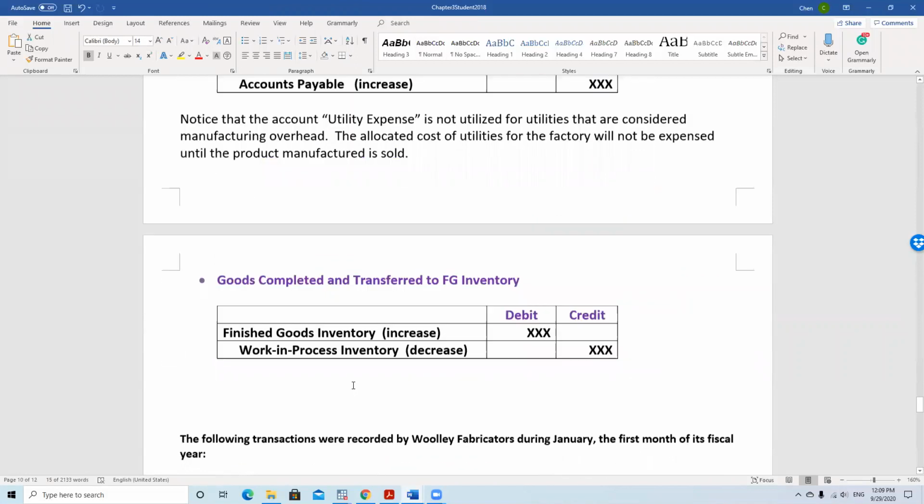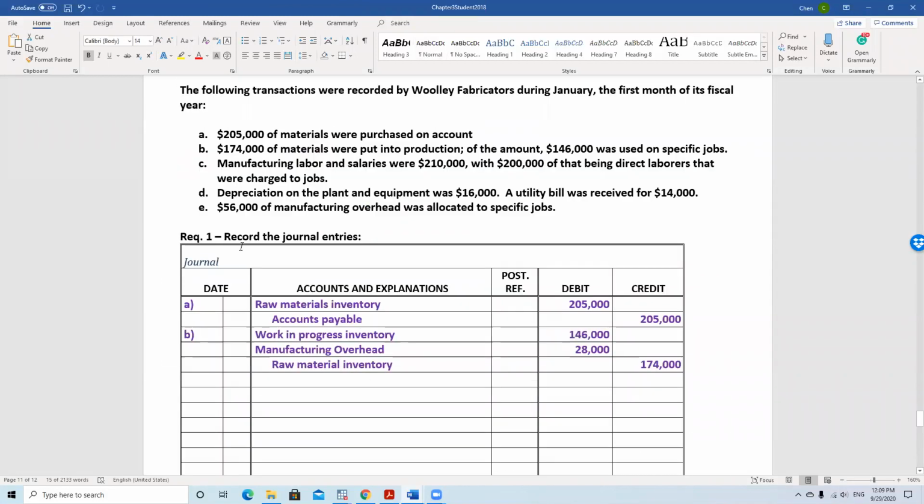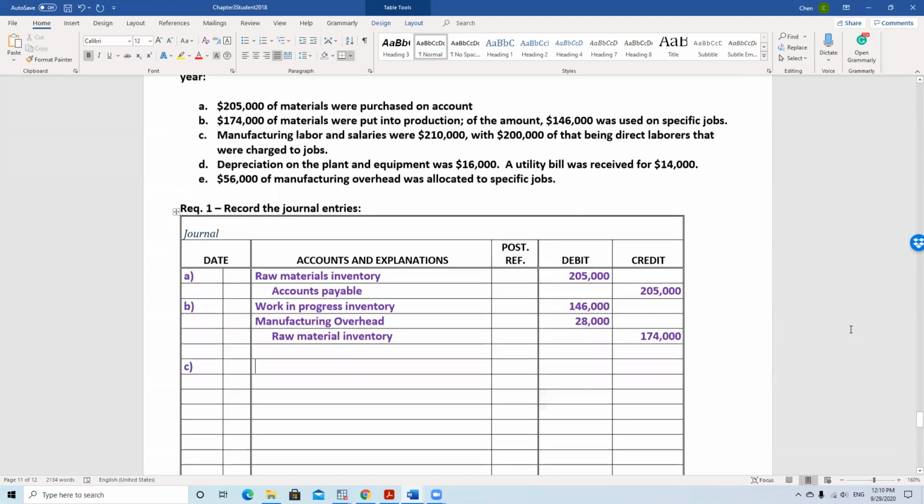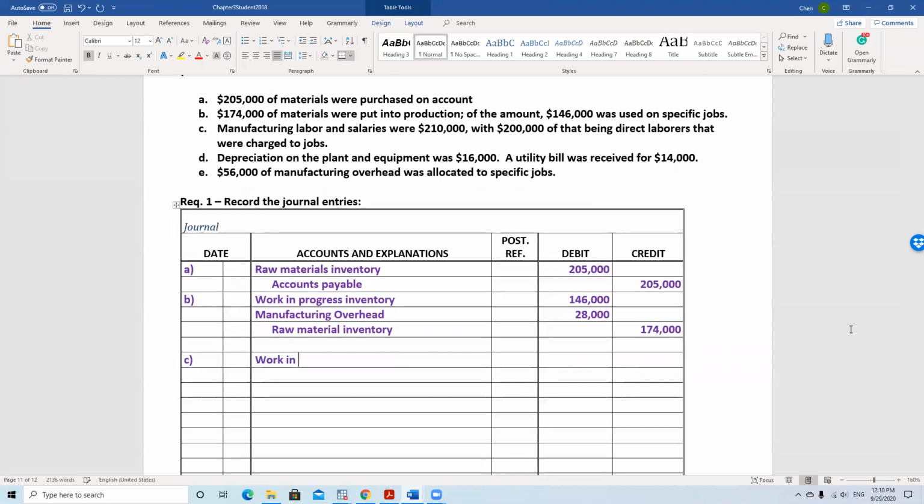Okay, and then C, manufacturing labor and salary were this amount, and this amount was charged to jobs. So, okay, work in progress inventory. We only record direct labor.